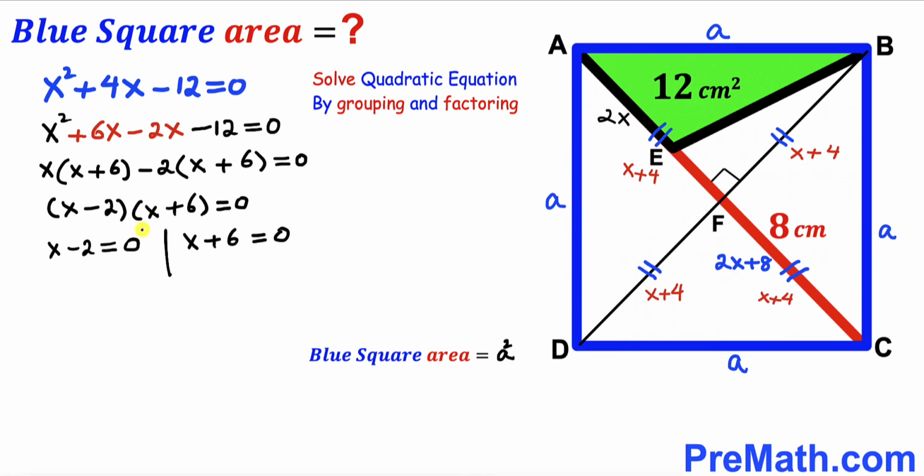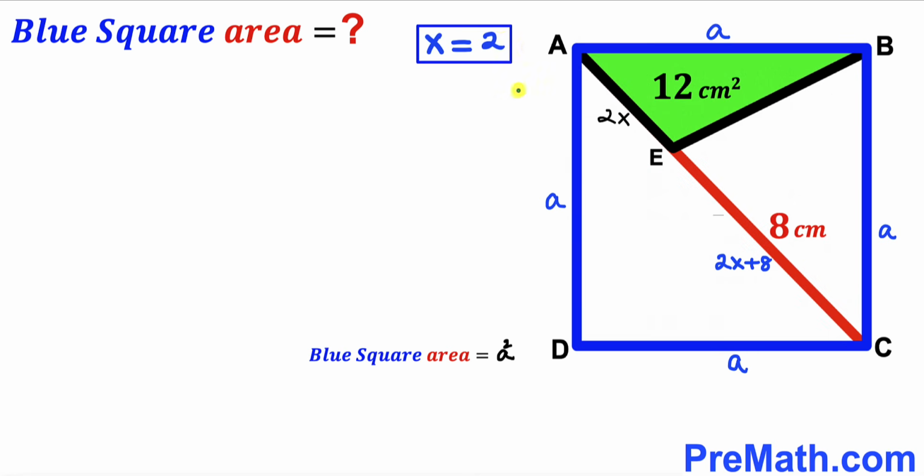Here the first equation is going to give us x equals positive 2. The second equation is going to give us x equals negative 6. And we know x equals negative 6 is not feasible. So we are going to reject x equals negative 6, and we are going to accept x equals positive 2. So thus our x value turns out to be positive 2.